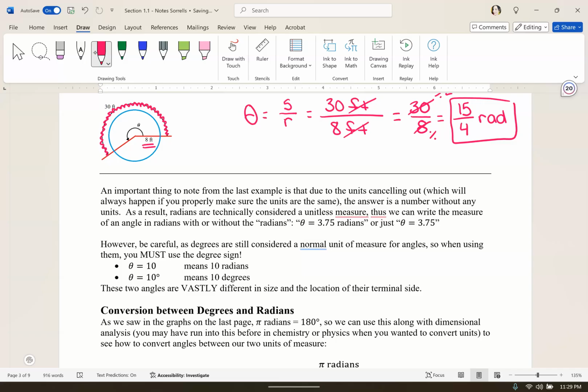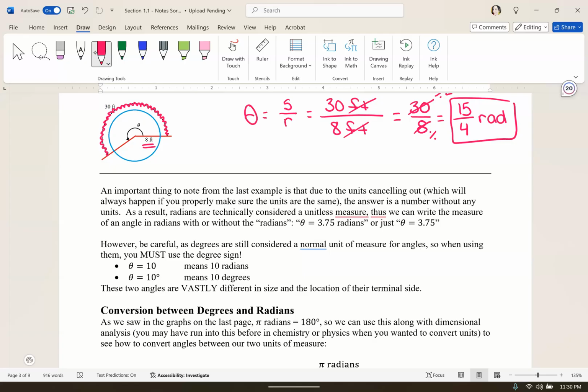For instance, that one isn't a decimal, 3.75 radians, or just 3.75. Preferably the fraction is better, and we're going to be practicing those even here in just a little bit. But like I said, I do think you have some homework problems that do both of them.